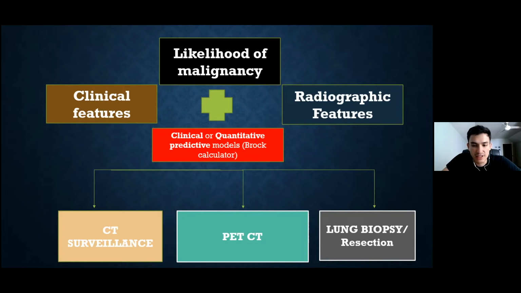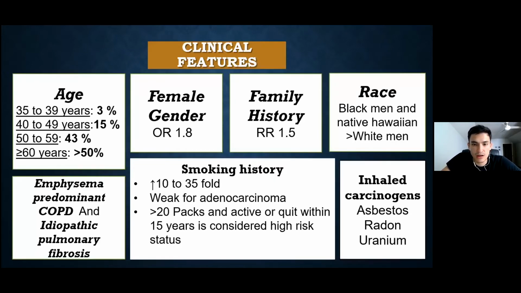And with all that information, further decisions can be made between CT surveillance, PET-CT, lung biopsy, or resection. So I'm going to start with clinical features. Age is a major clinical feature. More age represents more risk for lung cancer.